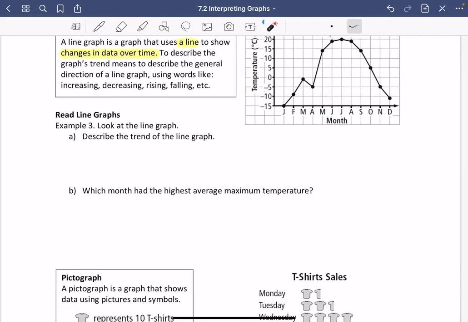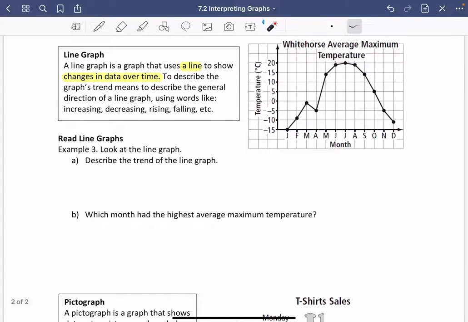Now let's look at the first example here. It says describe the trend of the graph. If you look at this graph, you can see that from January to March, the temperature is increasing. Then from March to April, it decreased. From April to July, it's increasing. And from July to December, it's decreasing.